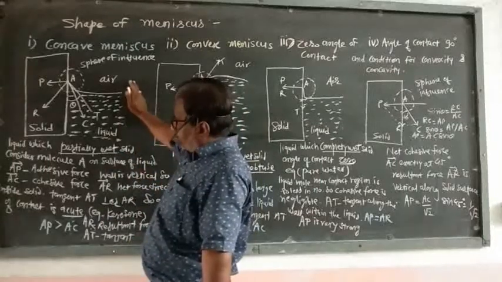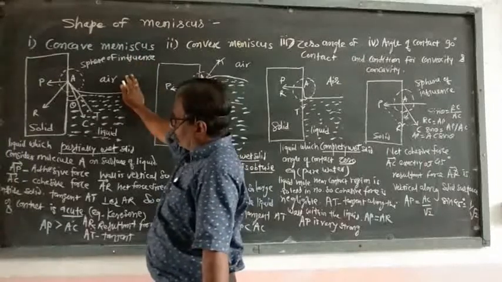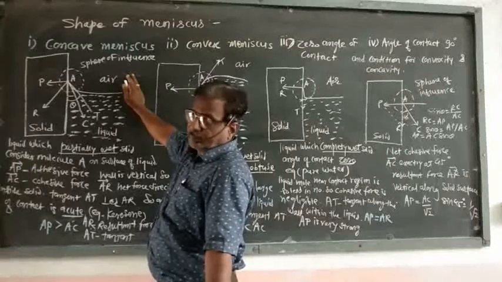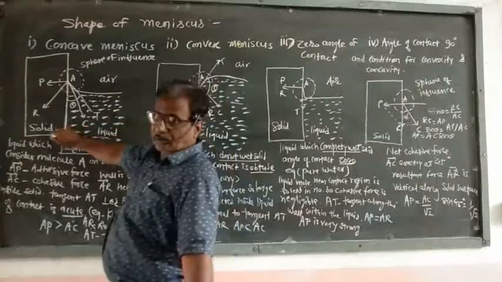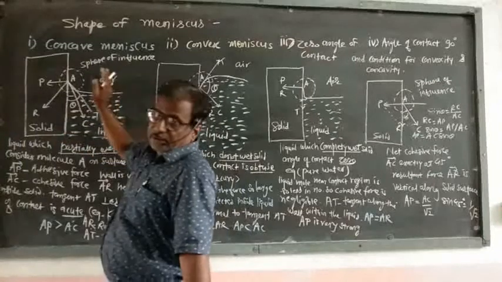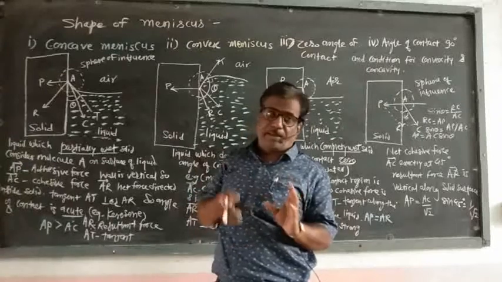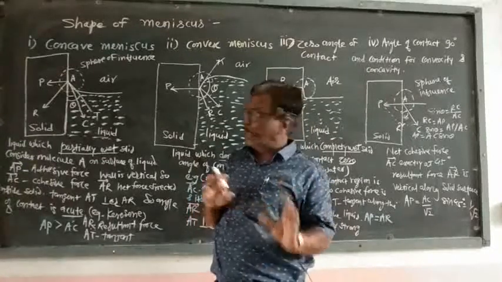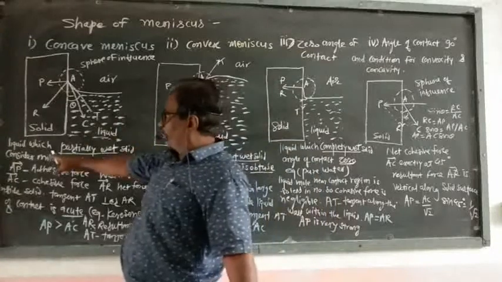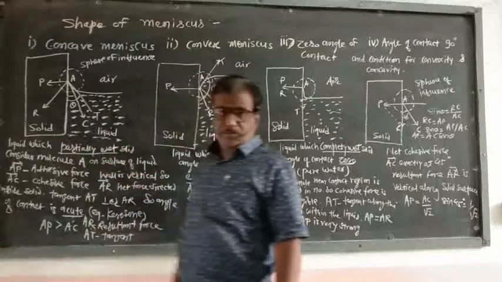Consider this figure for the concave meniscus. Here we have to take three parts: first is liquid, second is solid, and third is air. That means when we take a beaker and in that beaker we take pure water or pure kerosene and glass, the liquid partially wets the solid.